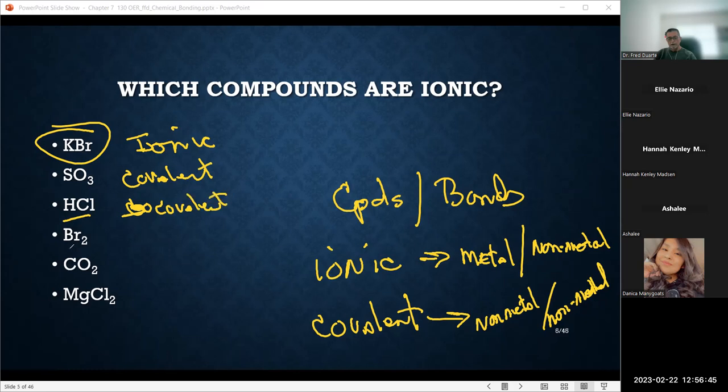Okay, and then how about Br2? Ionic or covalent? Covalent, exactly. We've got two bromines together, both non-metals. What if there's two metals together? Well, you won't find two metals together, at least in Chem 130. Remember we talked about a hypothetical A plus and a hypothetical B plus, both metals.